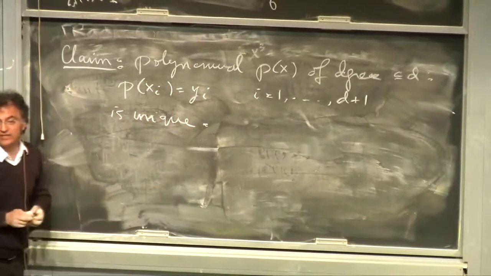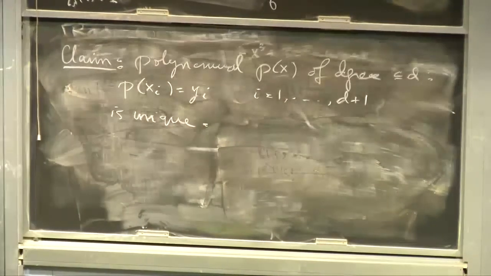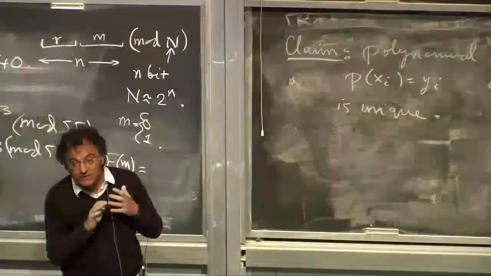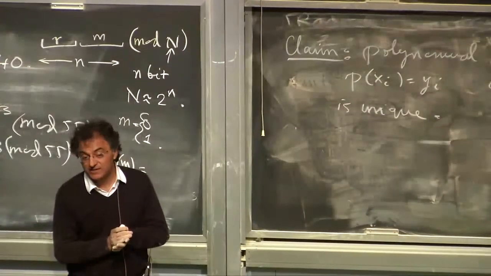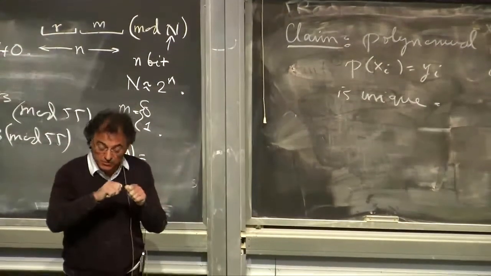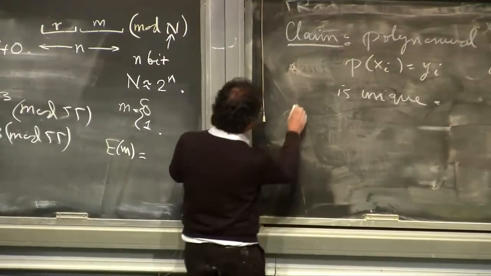Such a polynomial is unique. So we already showed how to find one such polynomial. Now we're claiming there's only one such polynomial. Once I give you the d plus 1 points, there's one and only one such polynomial. So how do we prove it?